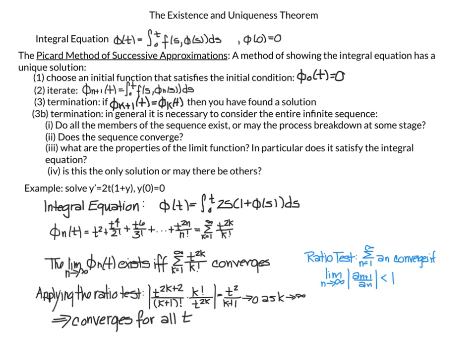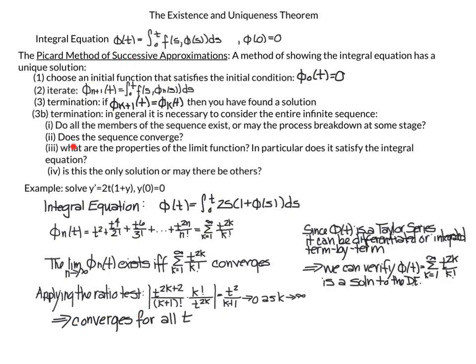We have a sub n plus 1, so that's t to the 2 times k plus 1, which will give us 2k plus 2, all over k plus 1 factorial, and then divided by a sub n. And so I have a sub n, but I already used the reciprocal here. a sub n is just k factorial over t to the 2k. You can simplify, you get t squared over k plus 1, which as k goes to infinity, you can see that this will approach 0. So it does converge for all t.